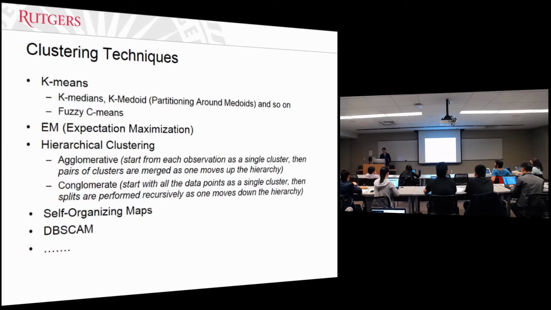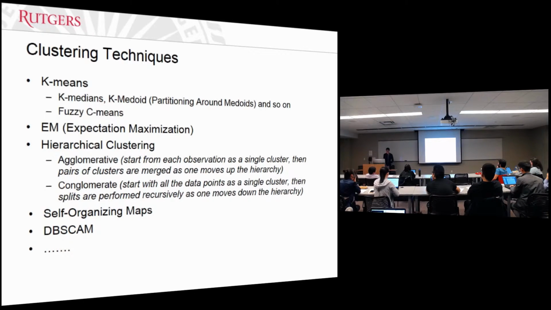And if we assign a probability to each of our observations, we also have fuzzy C-means. And next, we also have EM, the expectation maximization, and also hierarchical clustering, which is also widely used. And also among others like SOM and so on.